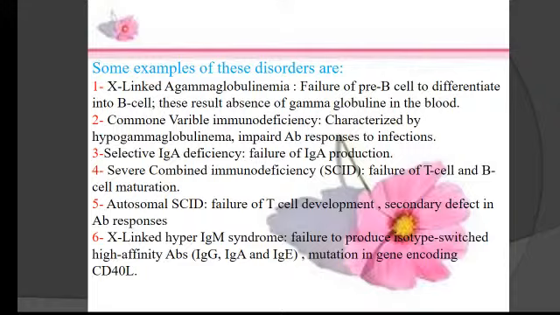Number three, selective IgA deficiency, failure of IgA production. Number four, severe combined immunodeficiency, SCID, failure of T cell and B cell maturation.